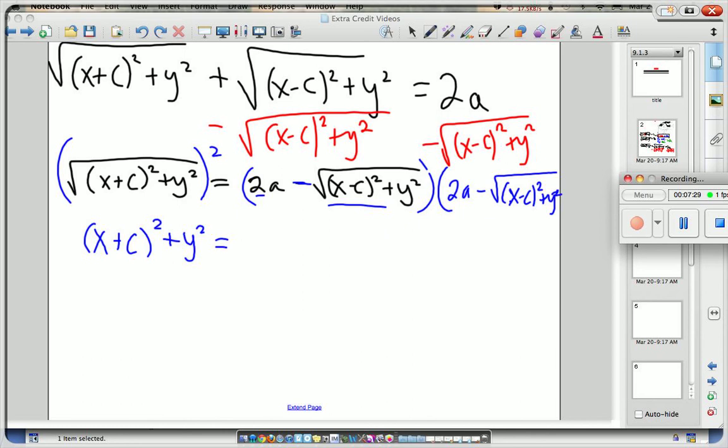And this will help me see what I'm going to get when I FOIL. So now when I FOIL it out, it looks like I'm going to get 4a squared. The next one is going to be a negative 2a times that square root.